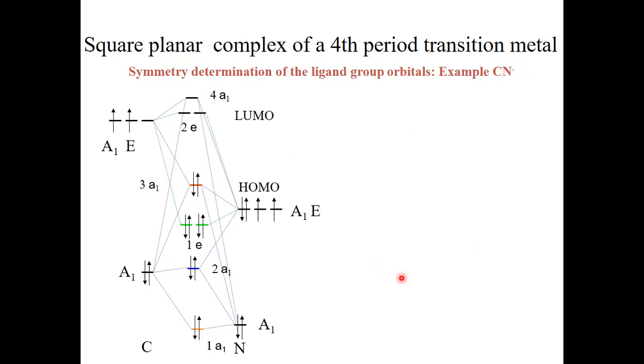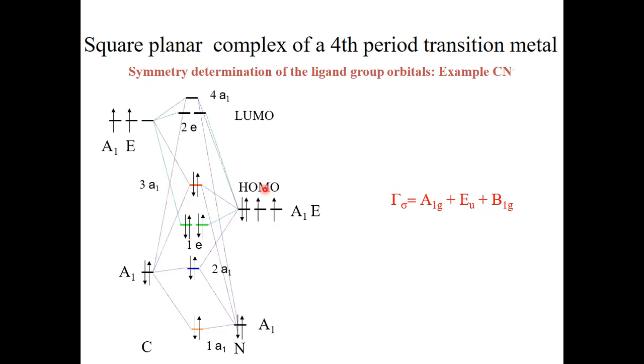So what is next to do? Well, in the next step, we need to determine the symmetry types of our ligand group orbitals. Now we have to consider how many of these HOMOs we have. We have 4 ligands, 4 cyano ligands.